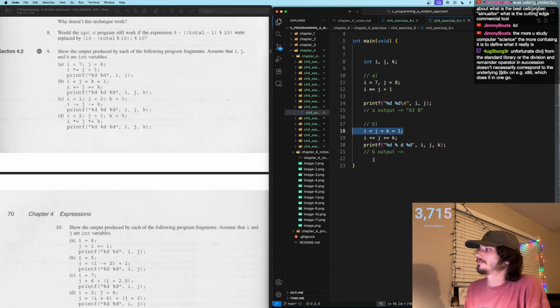This would be k, 1. j is going to be equal to 2. i is going to become 2 plus 1, which would be 3. So this would be 3, 2, 1.